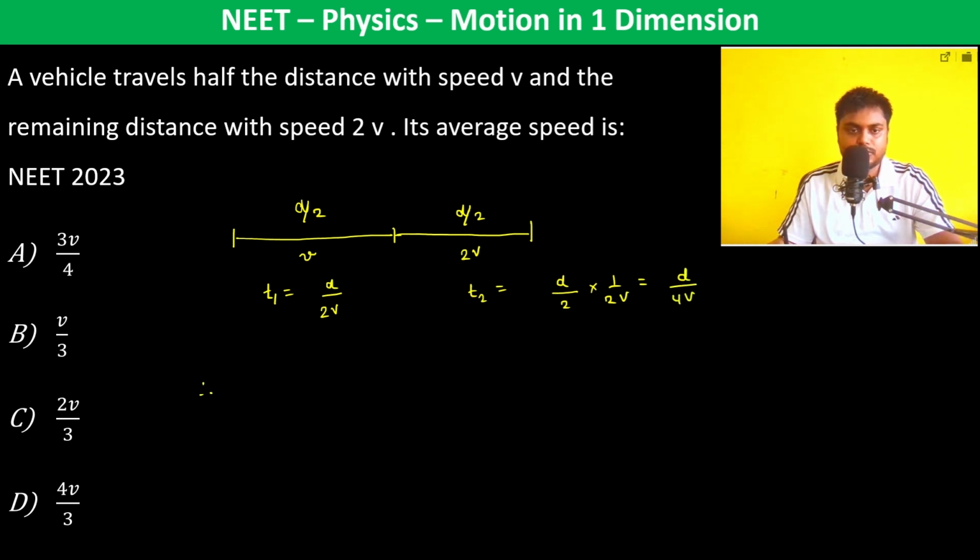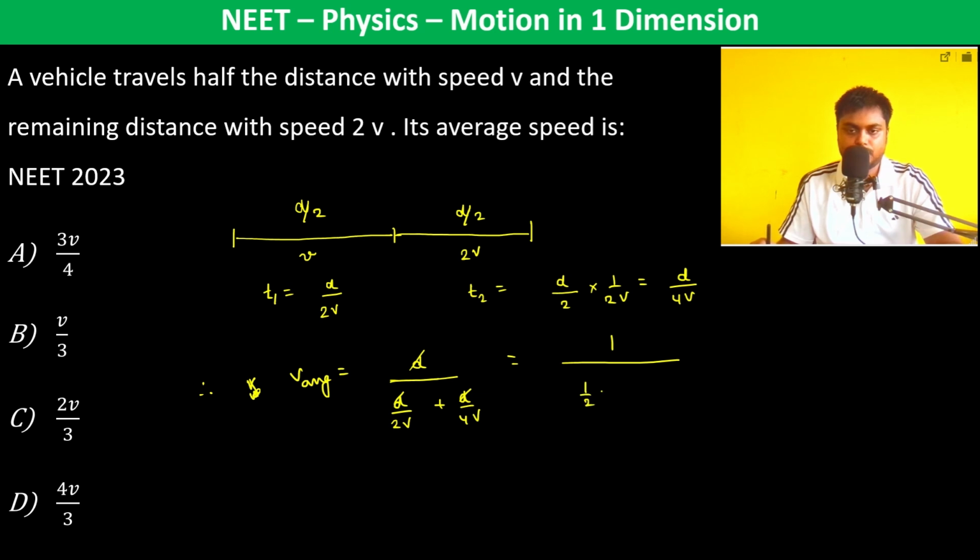So therefore the average speed is going to be the total distance traveled, which is d, divided by the total time taken, d by 2v plus d by 4v, which is equal to 1, because d is getting cancelled.